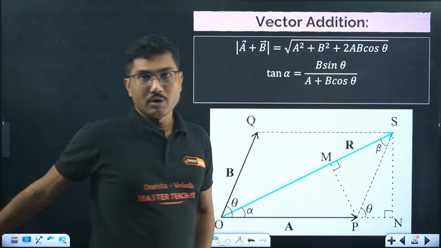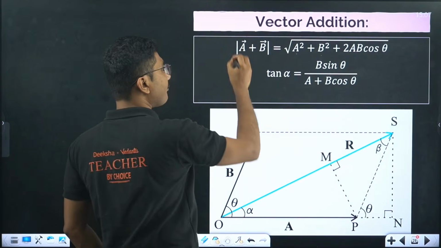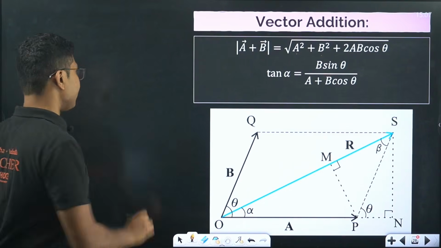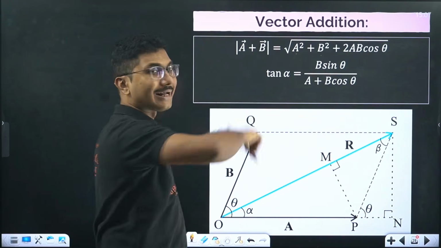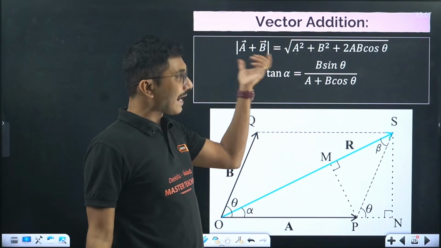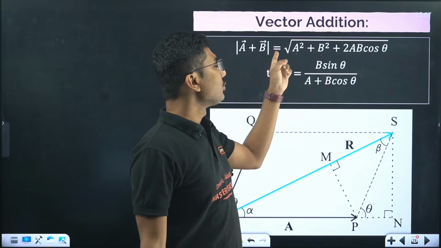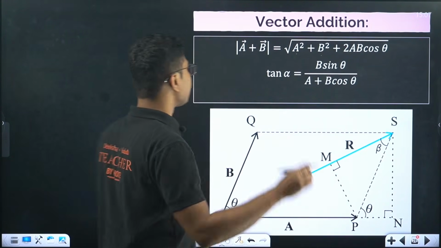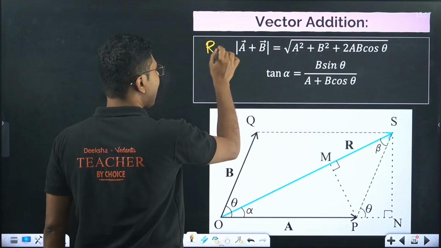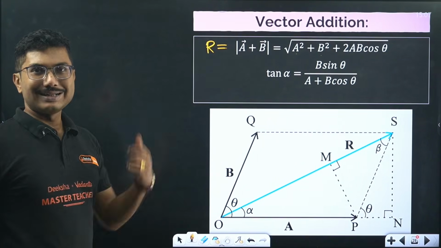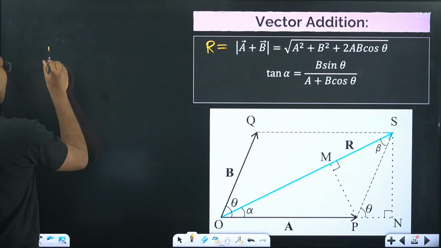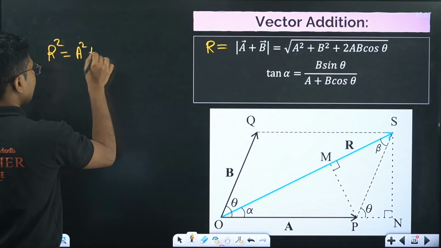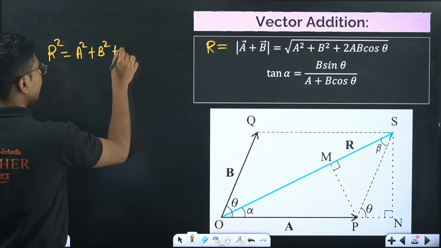This is the magnitude of the vector addition. So a plus b's magnitude is given by square root of a square plus b square plus 2ab cos theta. Sometimes this is represented as r, the resultant, or r square equals a square plus b square plus 2ab cos theta.